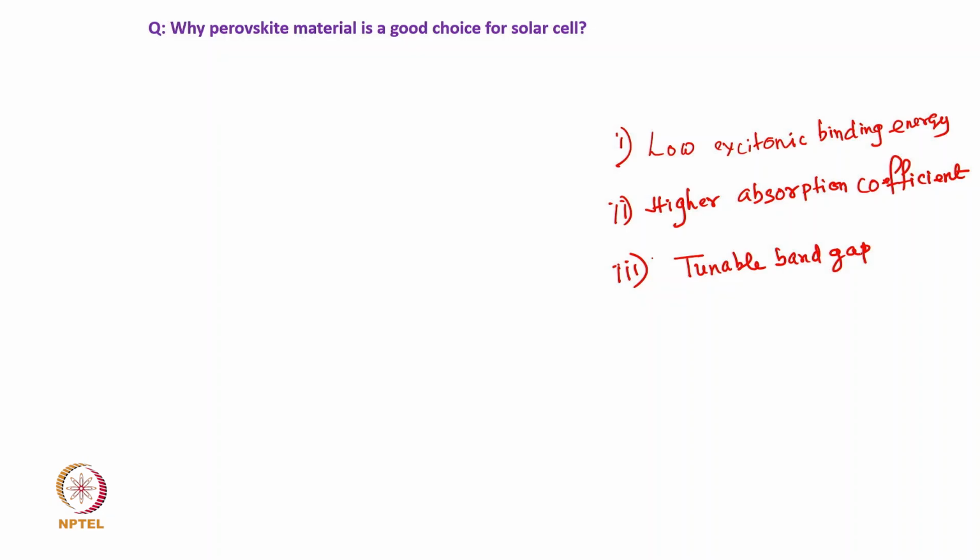During my lectures, I told you about how this tunable band gap is possible in perovskite material. Today also I will just show you with different examples how one can tune the band gap of perovskite material which are used in the perovskite solar cell.